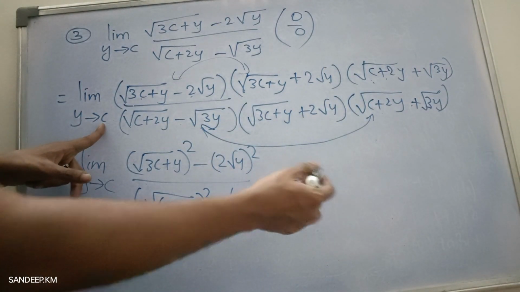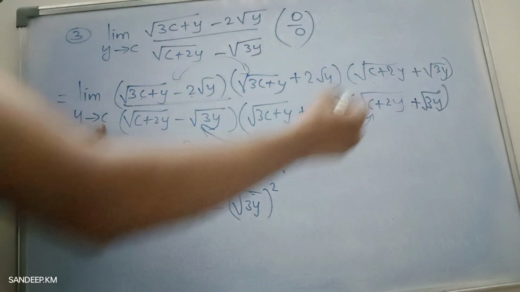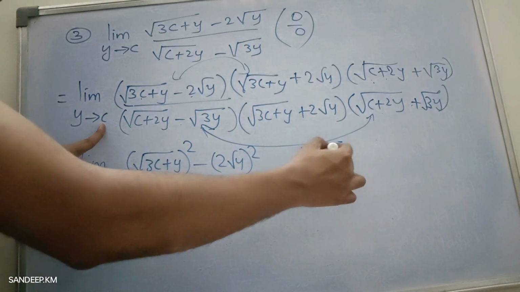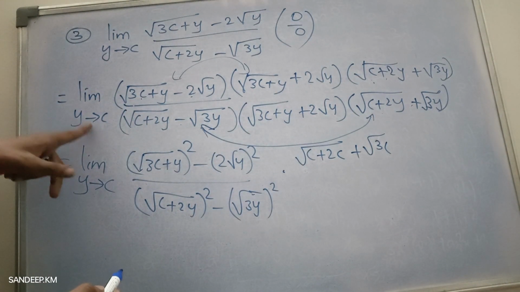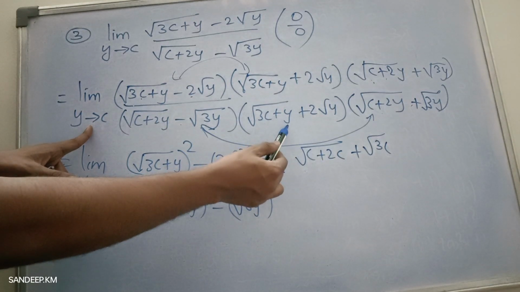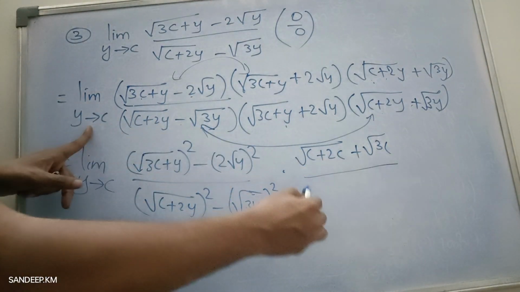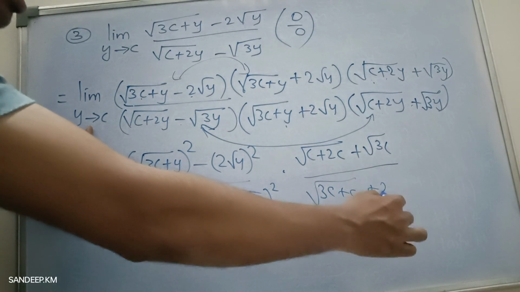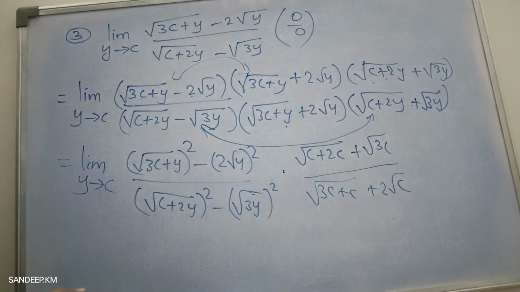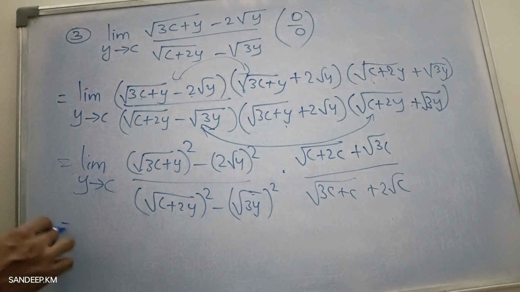We can separate the limits. Substitute y as c. So this will be root of c plus 2c plus root of 3c. And similarly, you substitute y as c in this term in the denominator: root of 3c plus c plus 2 root c. Okay now, so here root and square get cancelled.